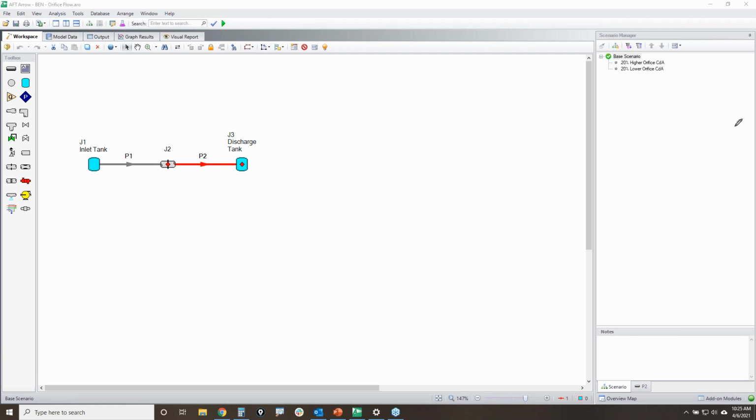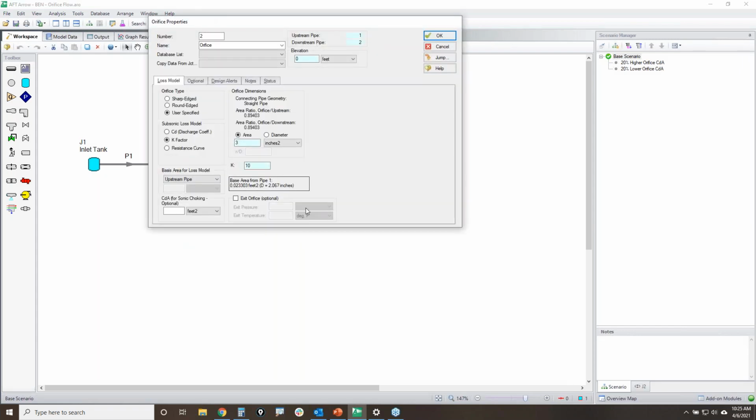So right now, when I start with this flow model, to keep things simple, with our orifice plate here, I'm just going to use a basic K factor for a subsonic loss, and this is my area of the orifice plate.